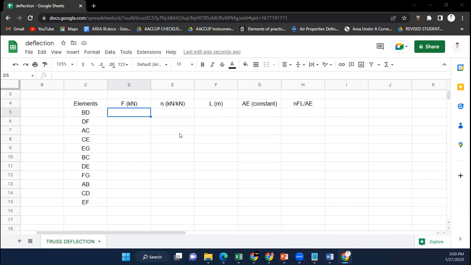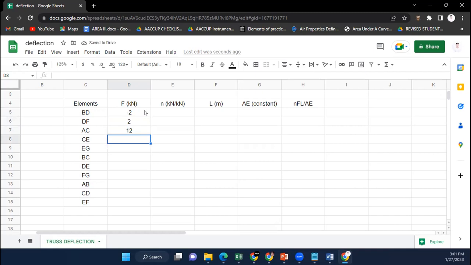So sa member BD, meron tayong F or internal force na equal to, hinapin ko lang, BD. So at joint B, meron tayong negative 2 kilonewton. Okay. Negative 2 kilonewton. Sa DF, we have 2 kilonewton. And then AC, 12 kilonewton.